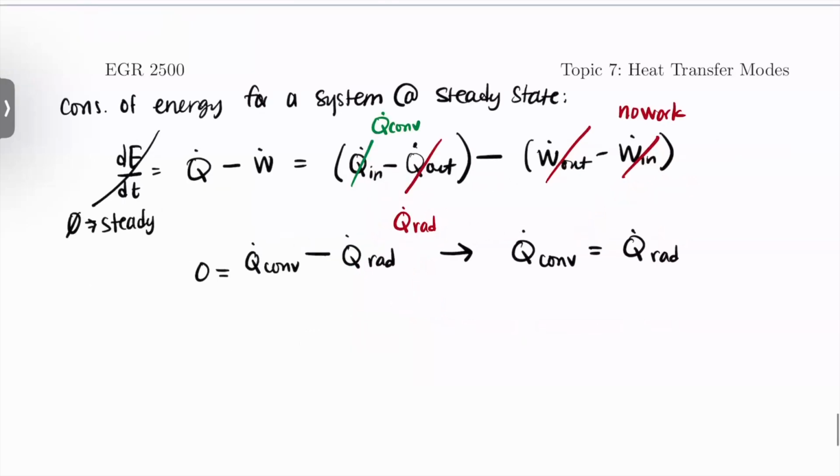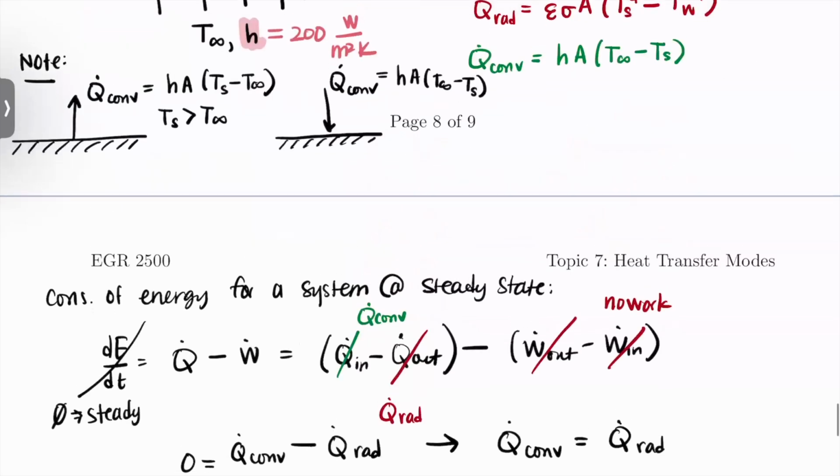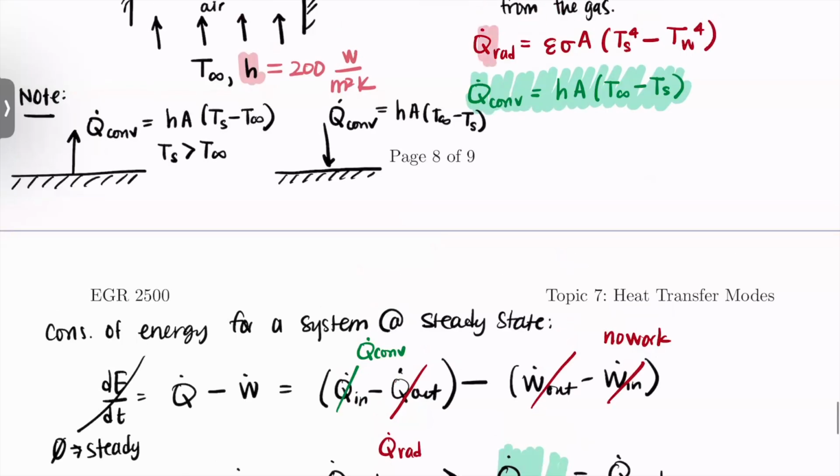Okay. So I am going to substitute in my equations that I had written before. I'm going to take my Q dot convection equation and put it in here, and I'm going to take my Q dot radiation equation and put it over on this side as well.